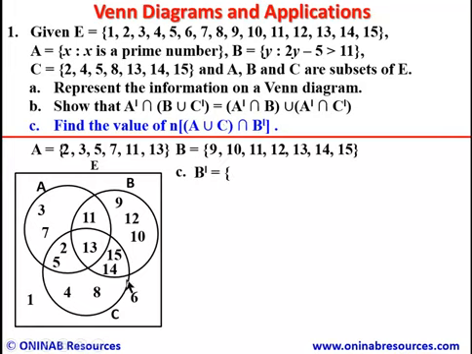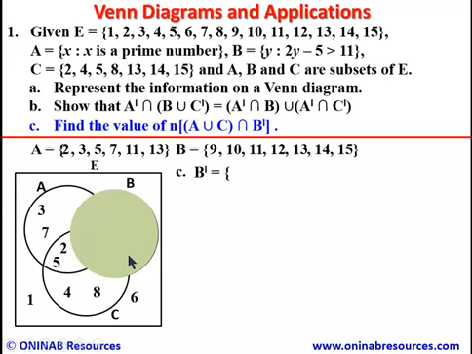To get our B prime, again, all these elements outside the circle of B constitute the elements of B prime. So we close B. So we now have 1, 2, 3, 4, 5, 6, 7, and 8. So these are the elements for B prime.